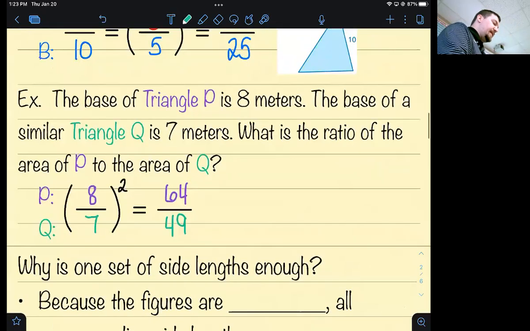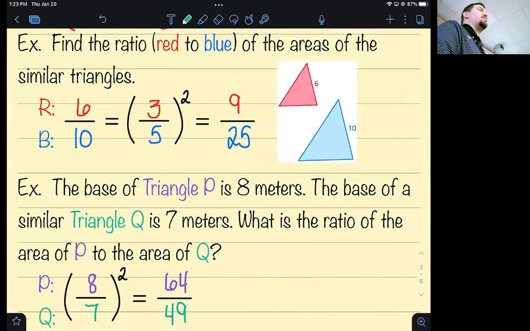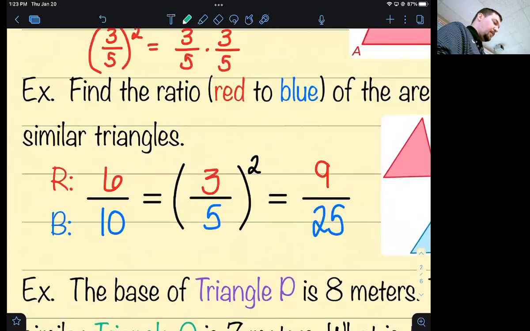By the way, if you didn't reduce, well, your answer would be wrong if you didn't reduce. But if you didn't reduce at the beginning, you could still reduce at the end. So I'm going to go back up one example. If I wouldn't have reduced 6/10 before I squared it, I would have gotten an answer of 36/100.